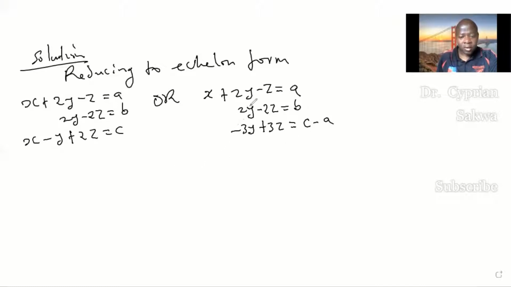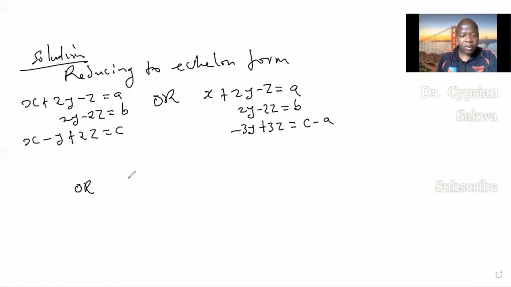Now I also want this to be 1. I want this one to be 1y, and then use it to create a 0 in this position. Although I can work with it the way it is, it's 2y, but to make my work easier, let me first make it 1.